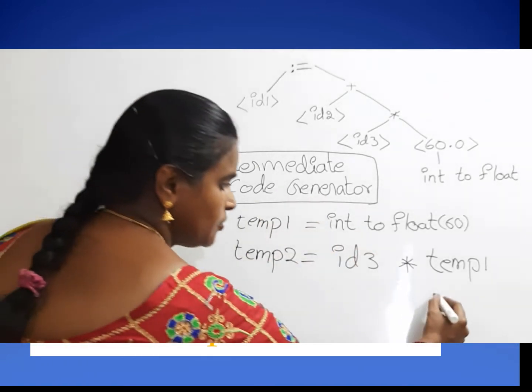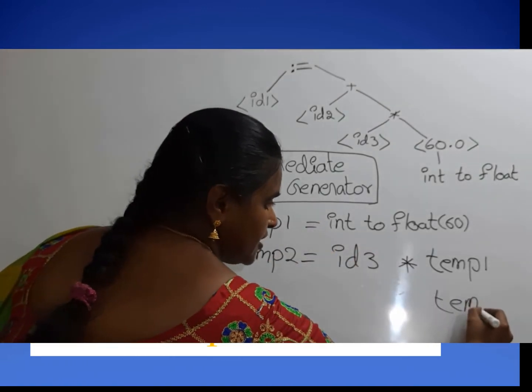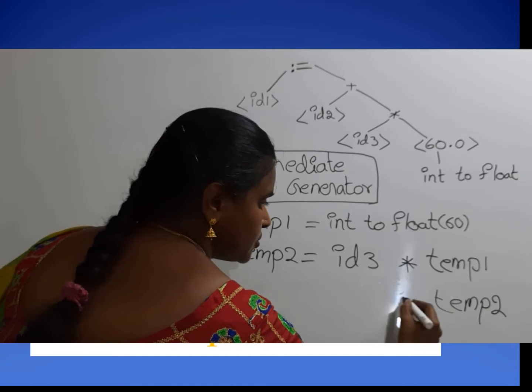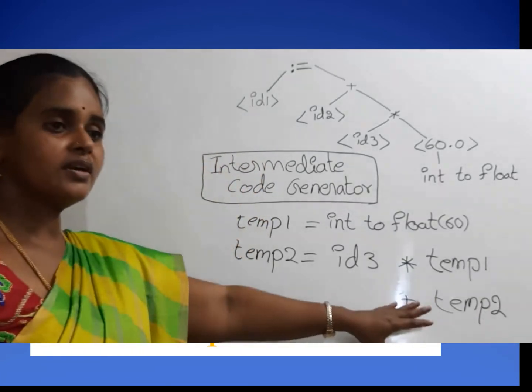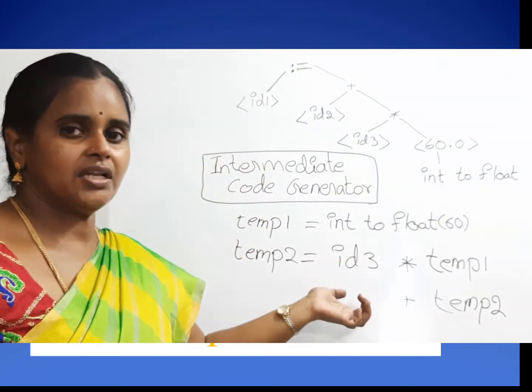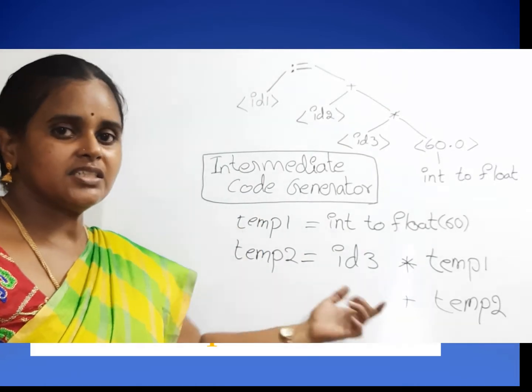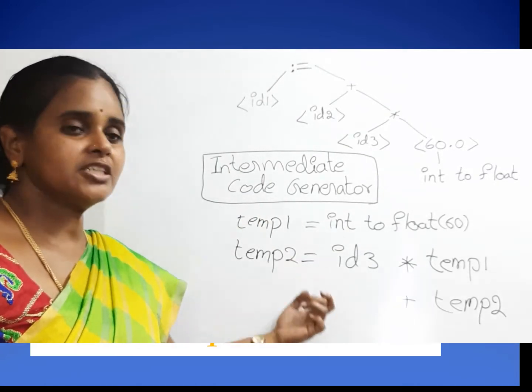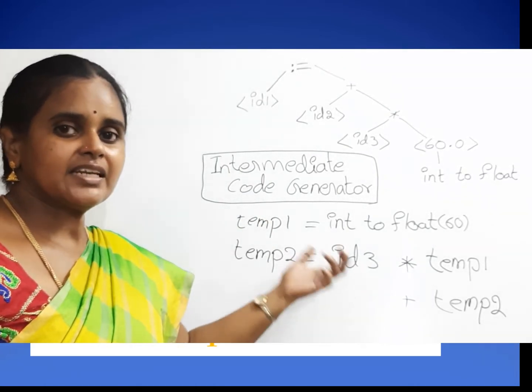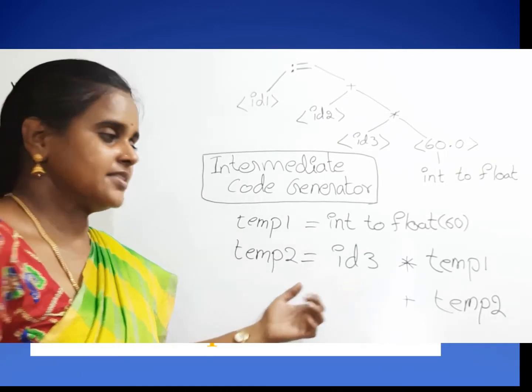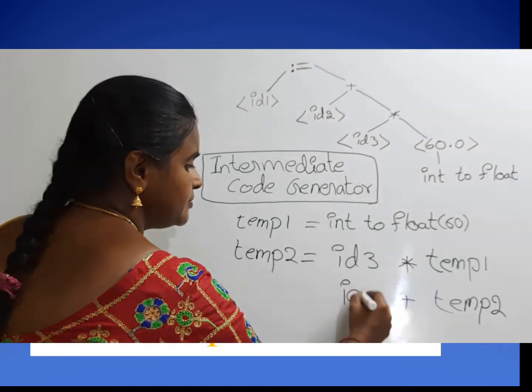This temporary variable 2 is going to be summed up with what? That is initial. What is the representation of initial? Our lexical analyzer has given it, yes, that is exactly ID1.